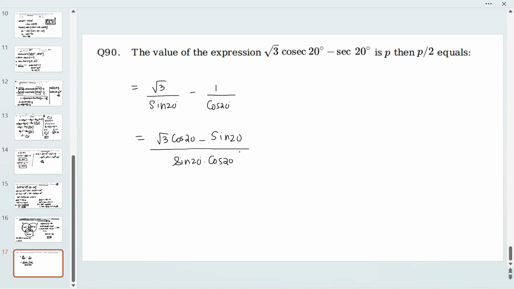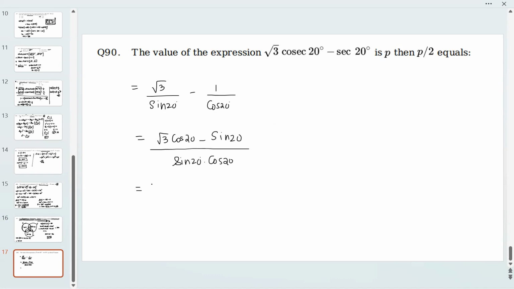Now I hope you know this format: a cos theta plus or minus b sin theta, as we have already discussed. So here we need to multiply and divide by 2.